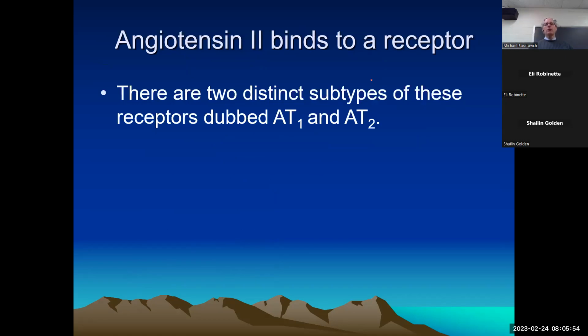Angiotensin 2 binds to its receptors. The main receptor is the AT1 receptor. The secondary receptor is the AT2 receptor. The AT1 receptor, when bound by angiotensin 2, increases vasoconstriction, thereby increasing systemic vascular resistance.